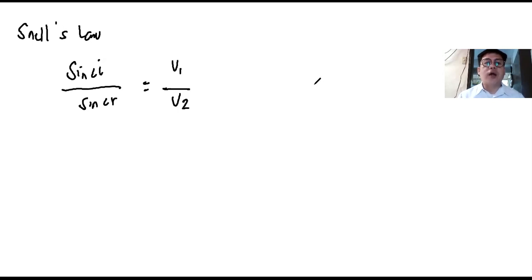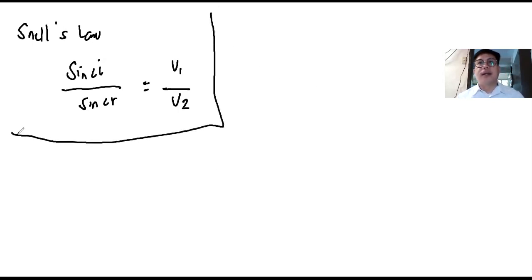Okay. So we were talking about optical density a while ago. Optical density is the ability of a transparent material to refract light or to decrease the speed of light.